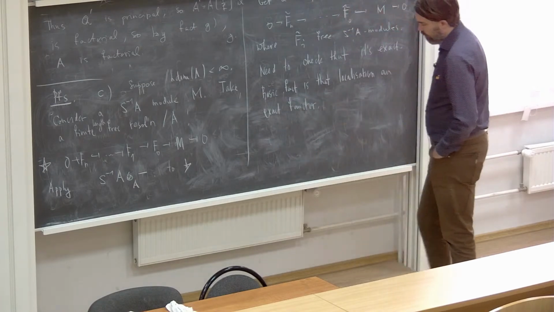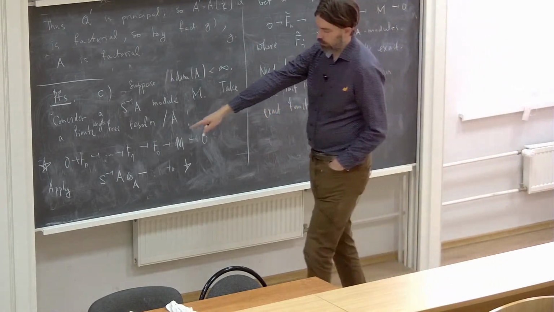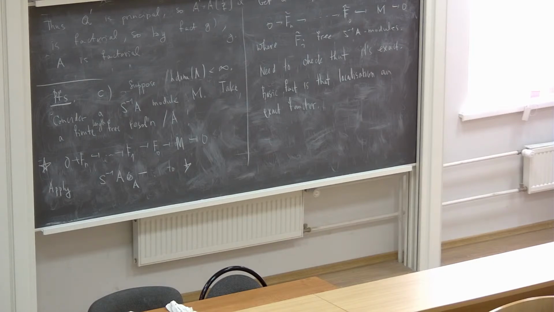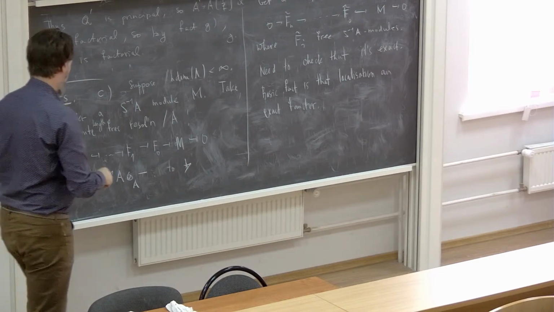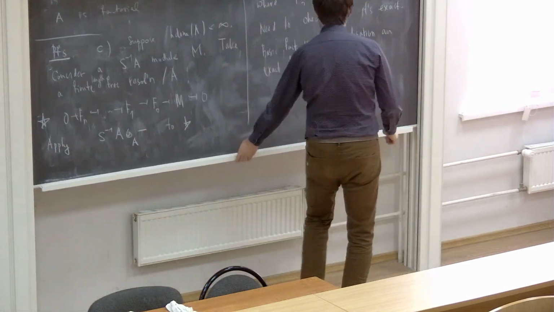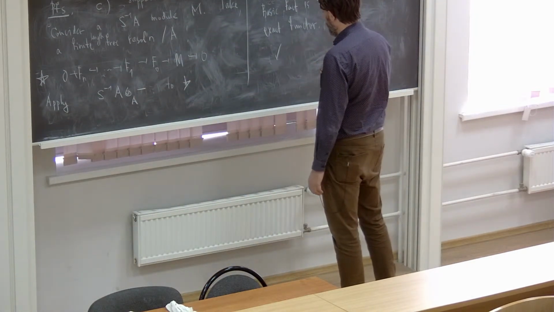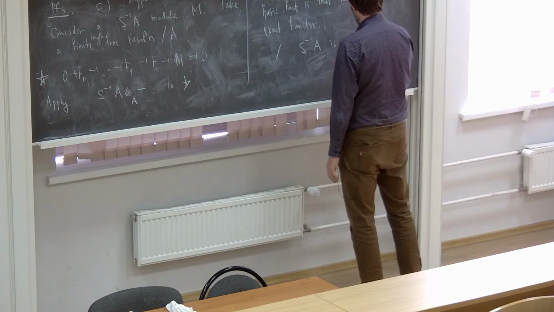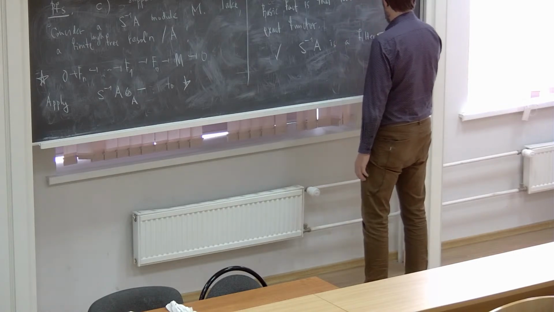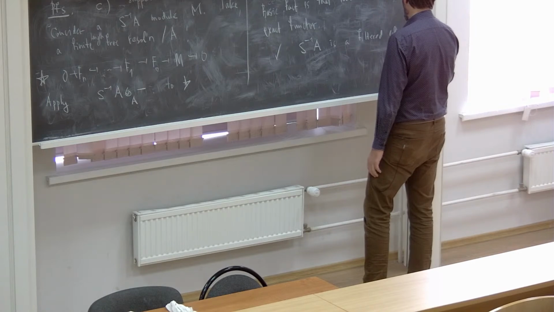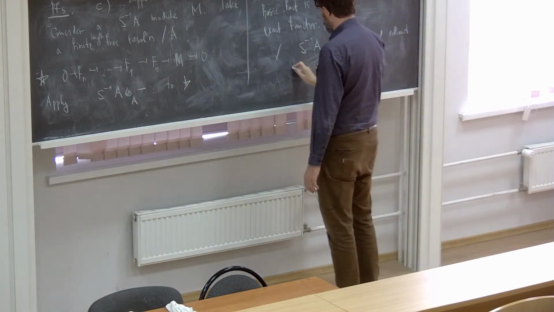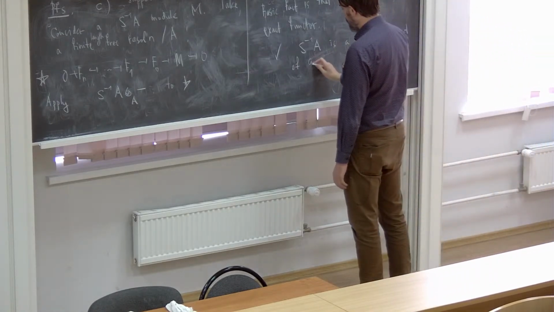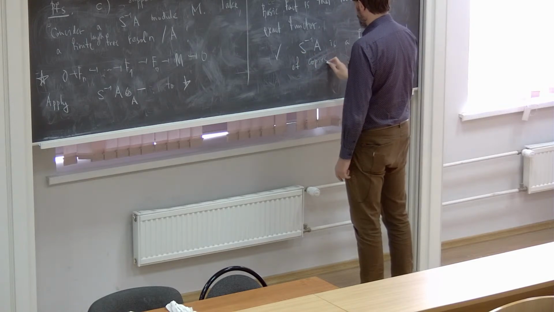And the way you show this is you show that as an A module, this localization S inverse A is a filtered colimit of copies of A. So you check this fact by saying that S inverse A is a filtered colimit of copies of A along some maps corresponding to the things that you're inverting.